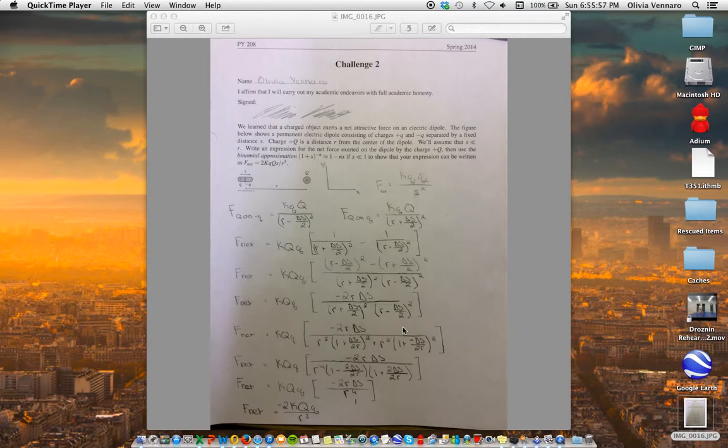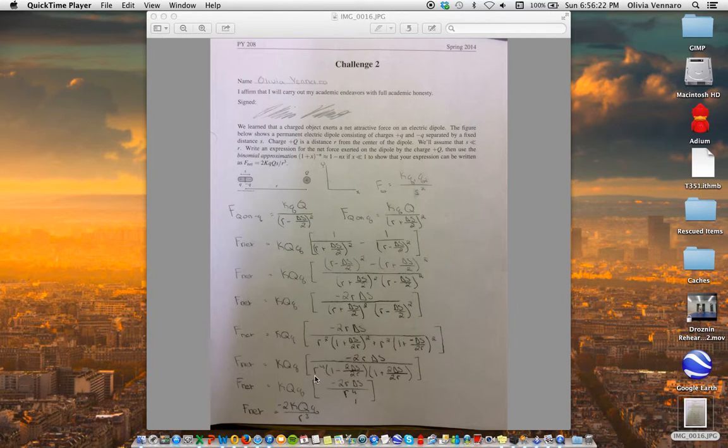To simplify the denominator, you can pull out an r squared value. It has to be r squared because even though it's just r here, it's still inside the parentheses of this. So you pull out an r squared, and that becomes 1 plus delta S over 2r, and then 1 plus negative delta S over 2r. And this is when you can use your binomial approximation.